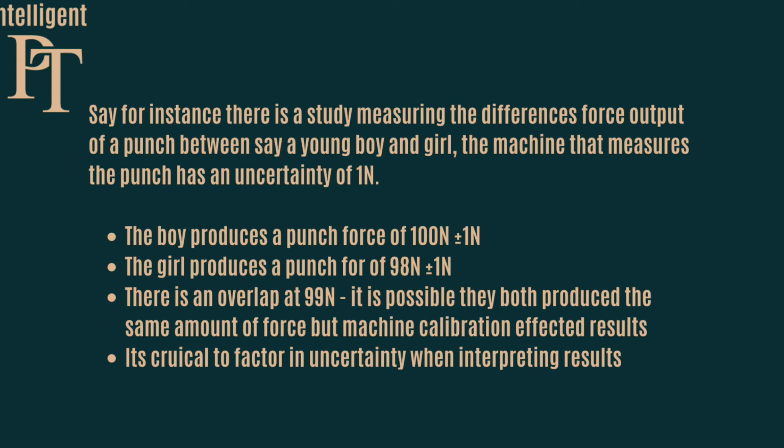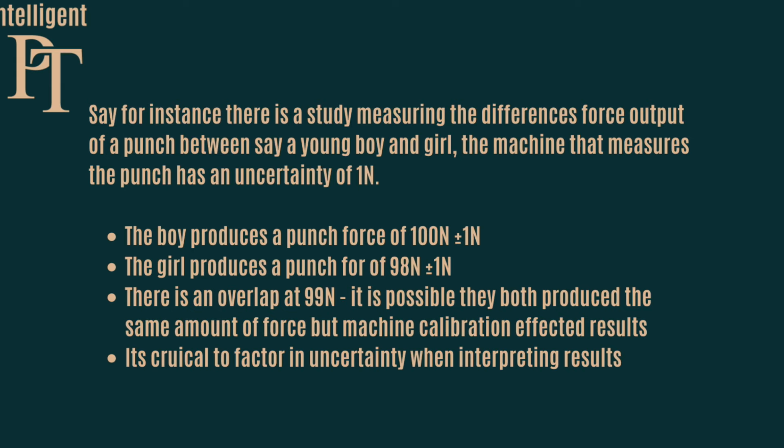Say the boy punches with a force of 100 newtons, with the uncertainty of plus or minus 1 Newton, and the girl punches with 98 newtons, with an uncertainty again of plus or minus 1 Newton. It's possible that both produced a force output of 99 newtons, but the calibrations of the machine affected the results.